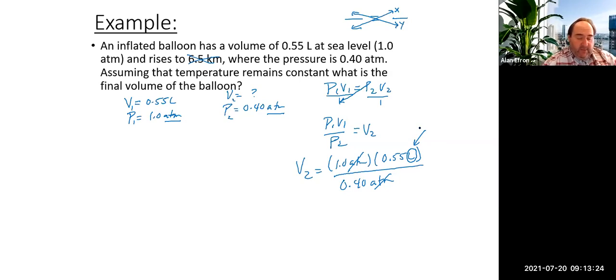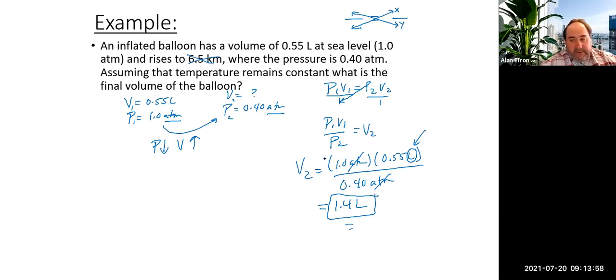So 1 times 0.55 divided by 0.4 gets us 1.4 liters here. Again, the units would be liters because that's what unit is left over. We can look at our situation and see, does it make sense? In this case, our pressure went down, which means our volume should go up, and it went from 0.55 to 1.4. So again, that does make sense in terms of our relationship.